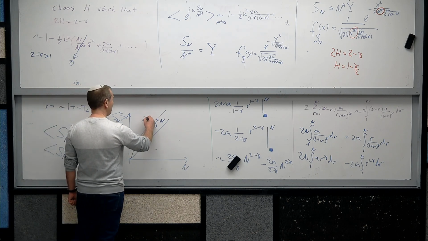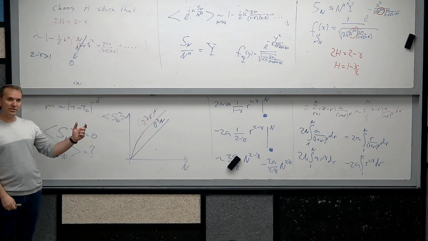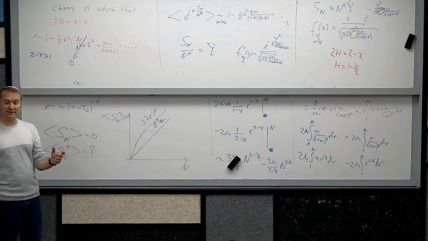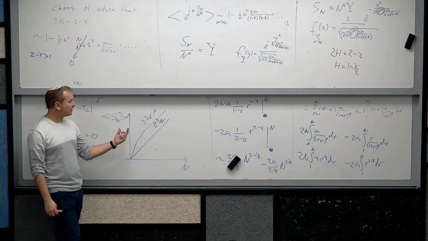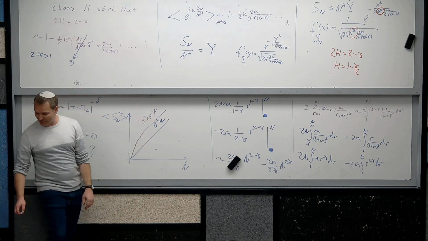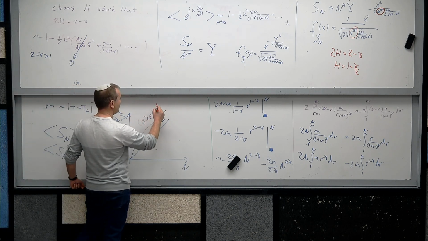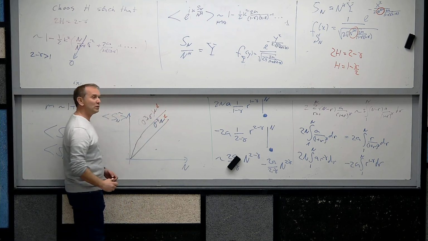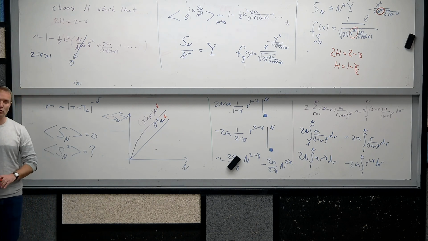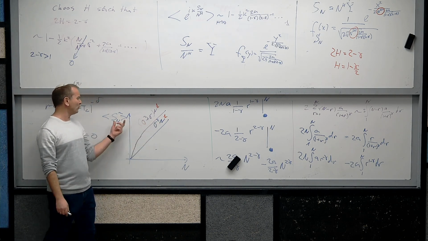Here you have sigma squared plus sigma multiplied by n. So you see, when the correlations are of finite size, the only thing that changes is the prefactor. The value of the exponent is always 1.